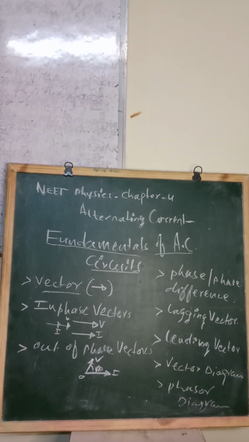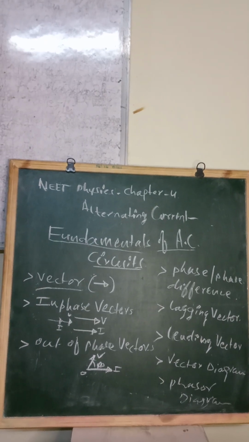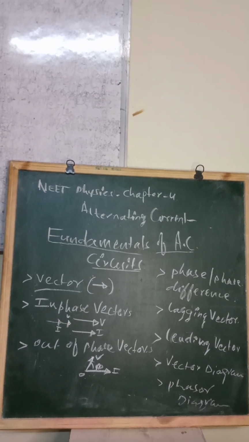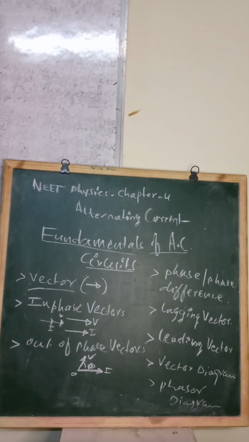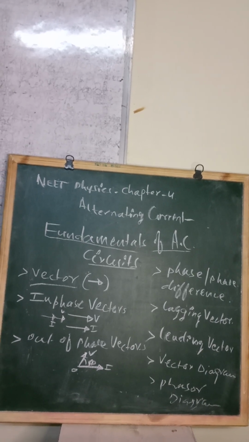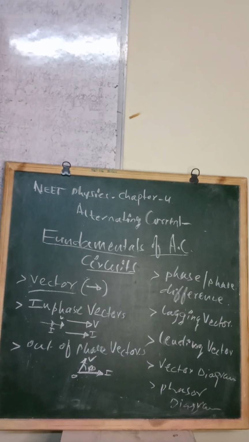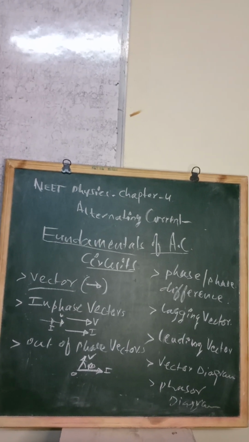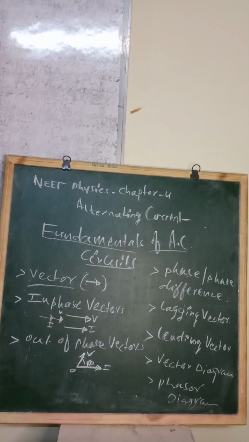A physical quantity which possesses both magnitude as well as direction is called a vector, which is represented by a straight line and an arrow mark at the end. The length of the line gives the magnitude and the arrow mark shows the direction.